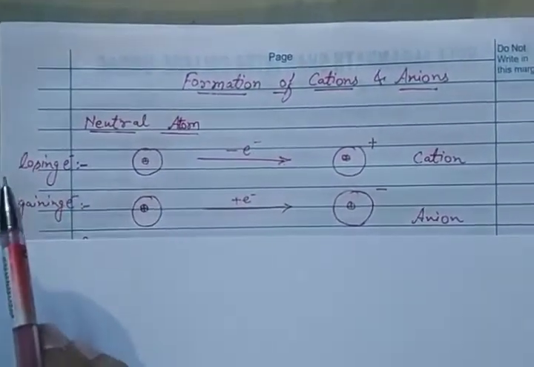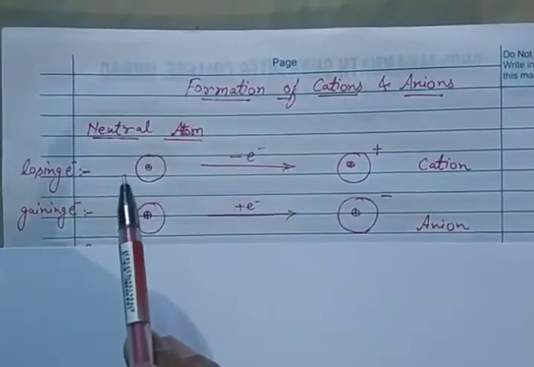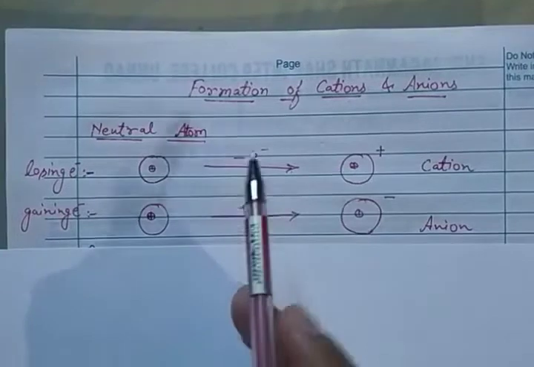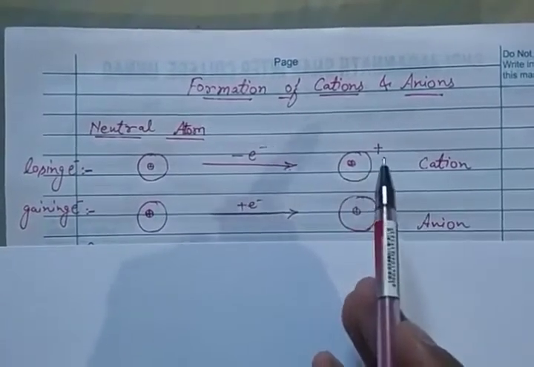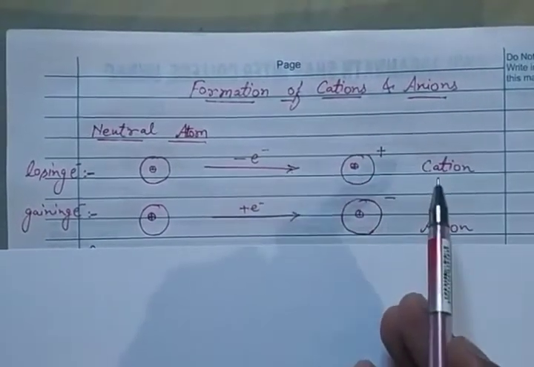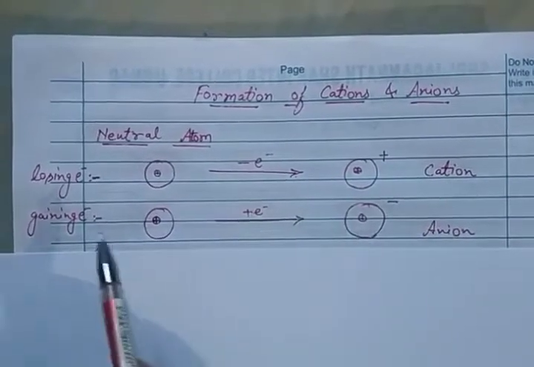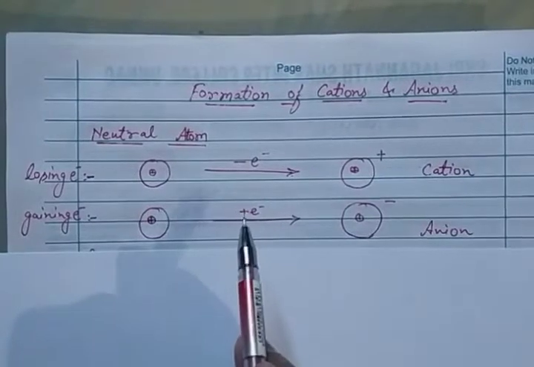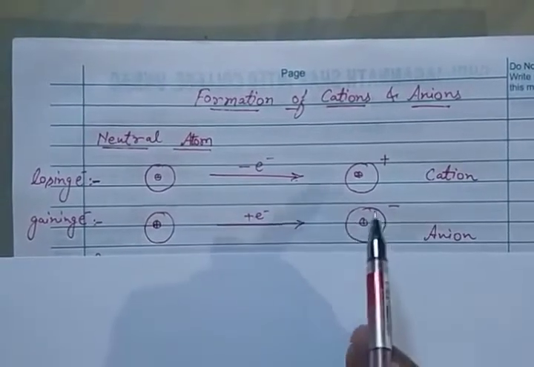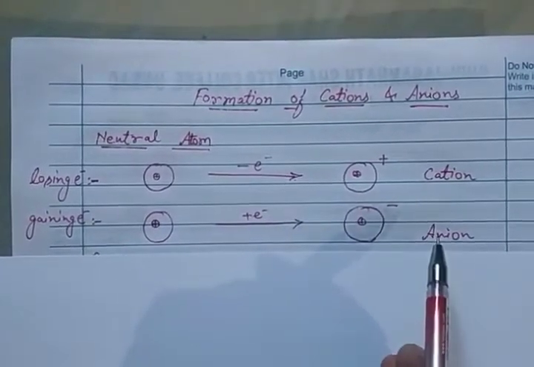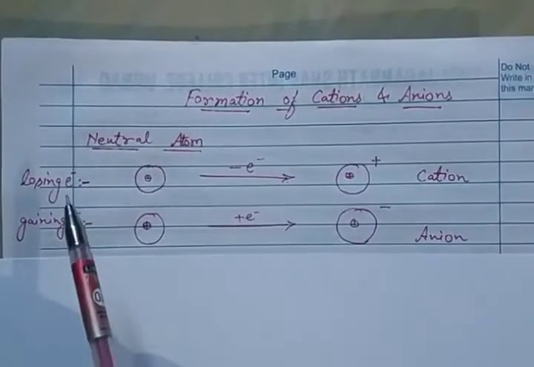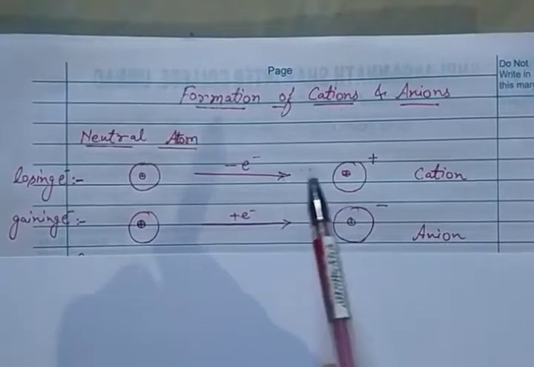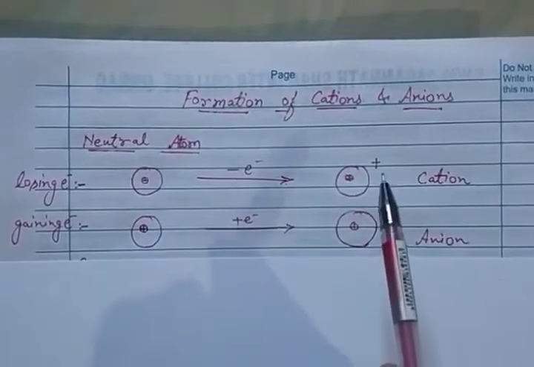Now, if an atom loses an electron, what will happen? By losing an electron, the atom gets a positive charge and it is named a cation. And if an atom gains an electron, then it gets a negative charge and forms an anion. When an electron comes out of the atom, it gets a positive charge.